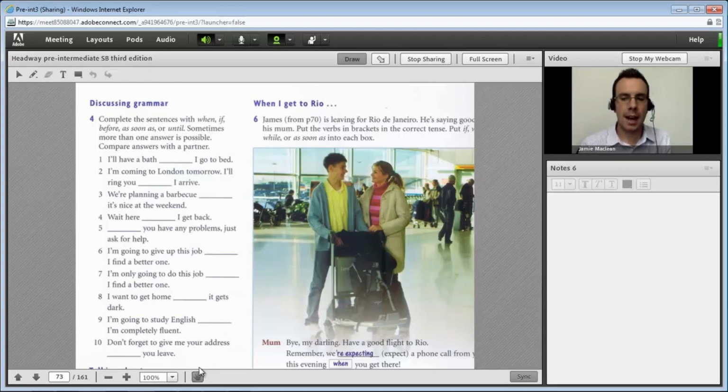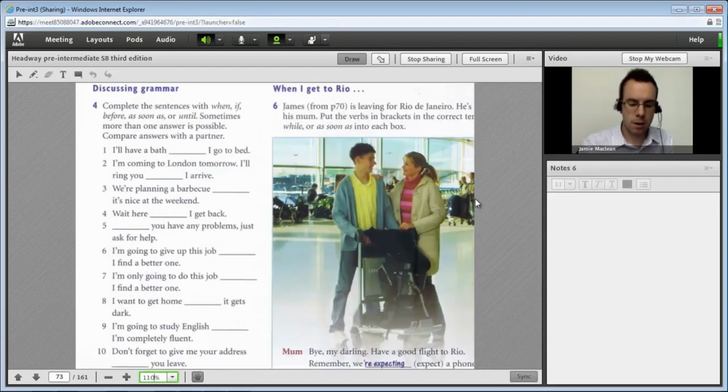And we're just again going to do a little bit of revision for the time conjunctions which we studied in the last lesson. So, I would like you to complete the sentences using when, if, before, as soon as, or until. And remember, sometimes more than one answer is possible. Okay? So please complete the sentences.